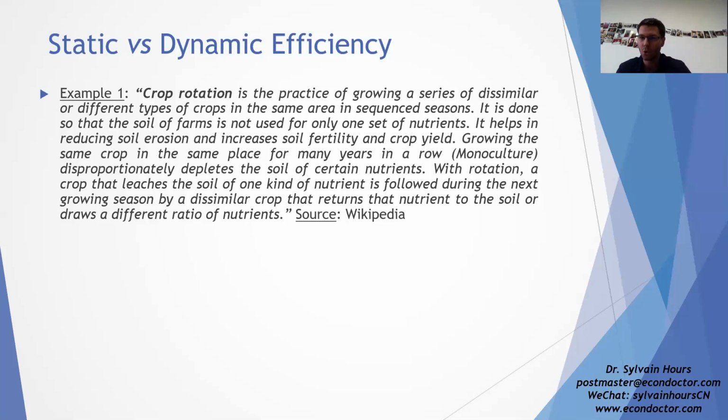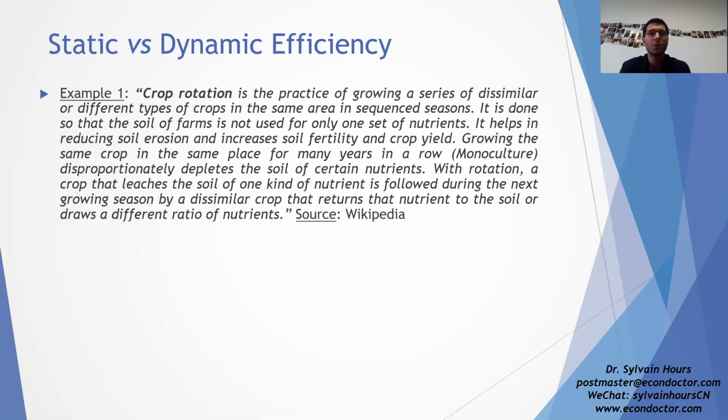If you just keep growing the same cereal over the same piece of land, the nutrients are going to be exhausted in, I don't know, 10, 15, 20 years, and then you will not be able to grow anything on that particular piece of land.